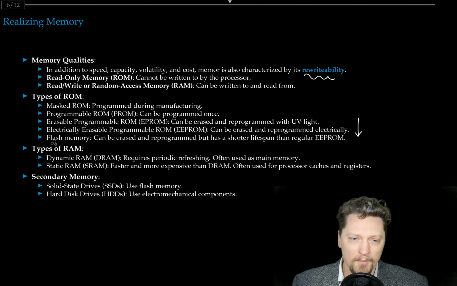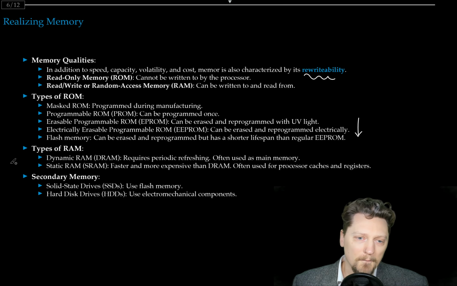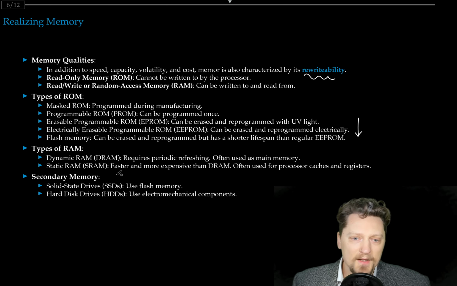Okay, types of RAM. Dynamic RAM, DRAM, requires periodic refreshing and is often used as main memory, which is where the program gets loaded into, where the data gets loaded into when our program is running. Static RAM, or SRAM, is faster and more expensive than DRAM, doesn't require the refreshing.